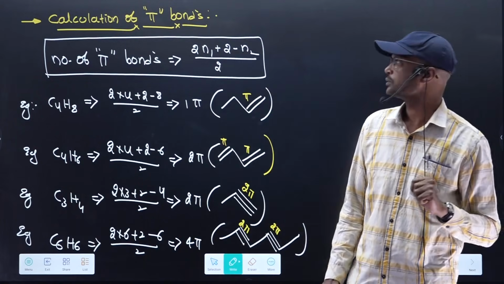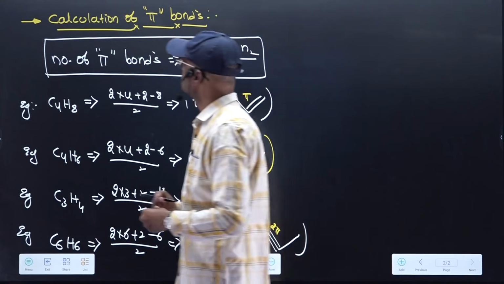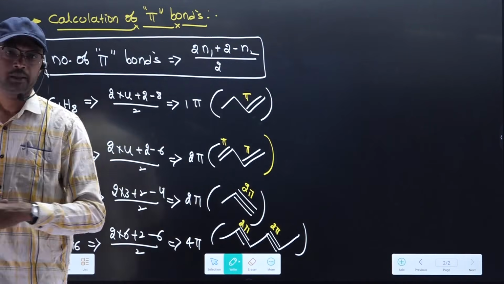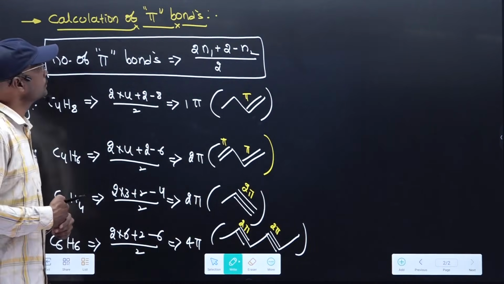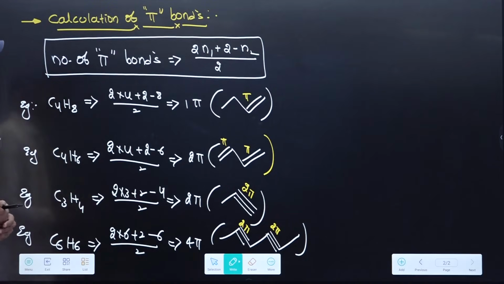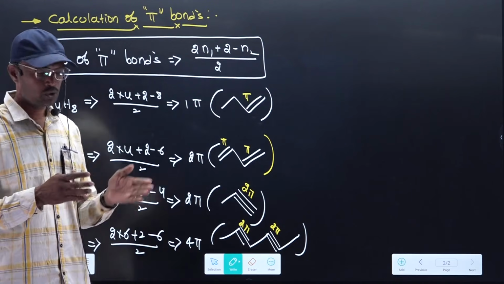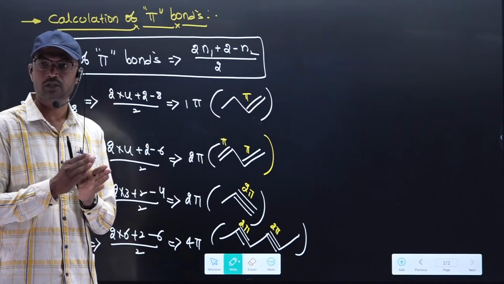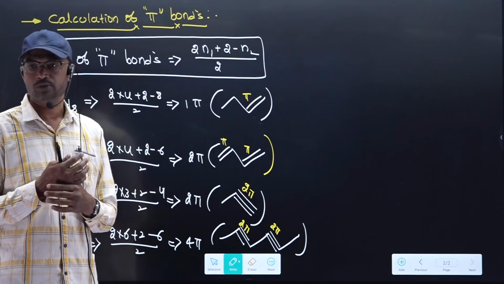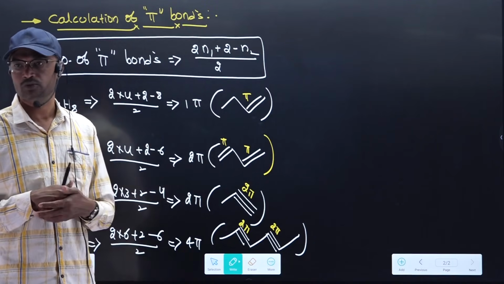Clear? So that is about calculation of sigma and pi bonds. In your next class you will see how to calculate lone pairs in a given inorganic molecule. Once you know how to calculate lone pairs, it is very easy to understand Lewis dot structures. Next is Lewis dot structures only.